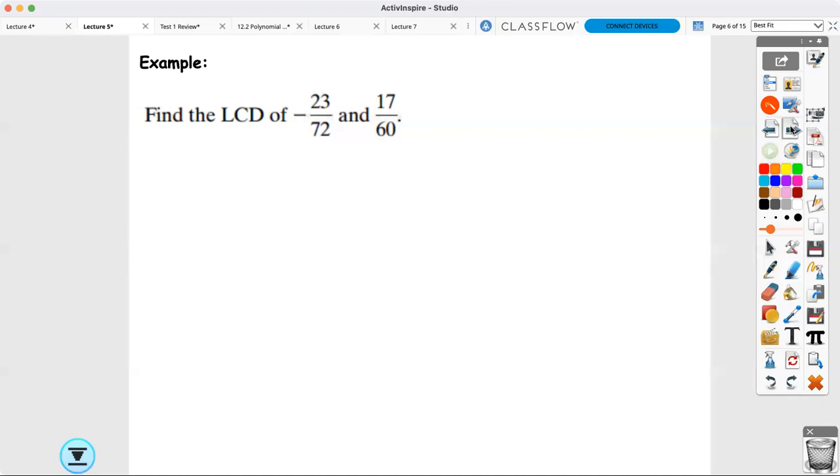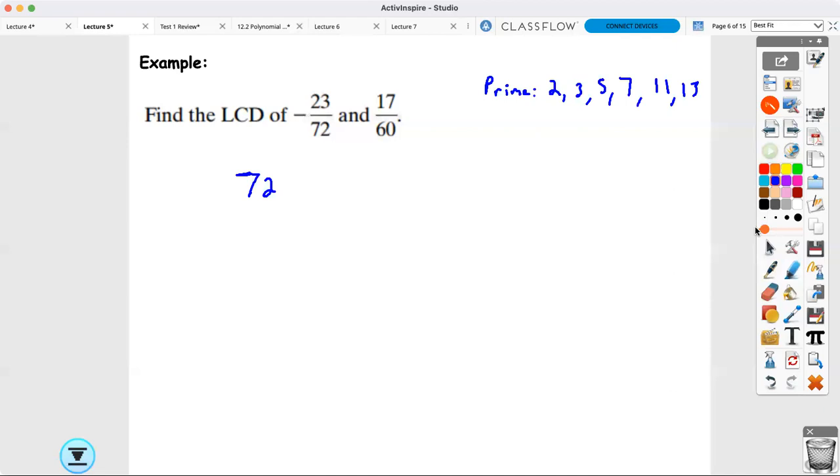Now, the first number we're going to break down is 72. I'm going to bring back those prime numbers: 2, 3, 5, 7, 11, and 13. There are more prime numbers, but we're going to use these first 6 for now.